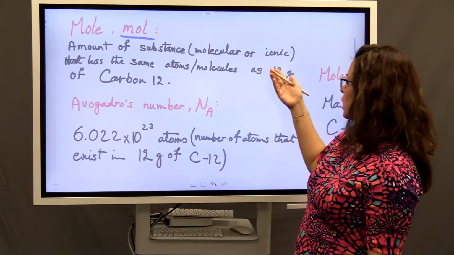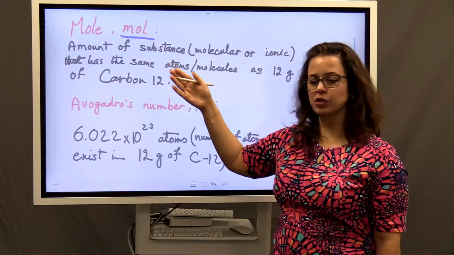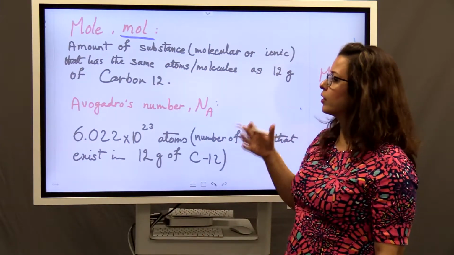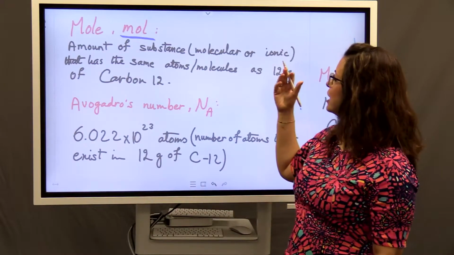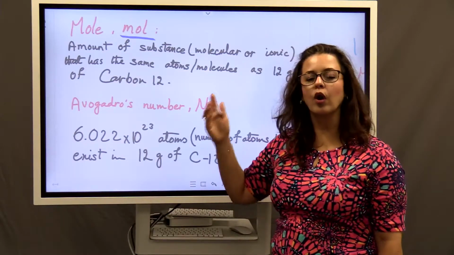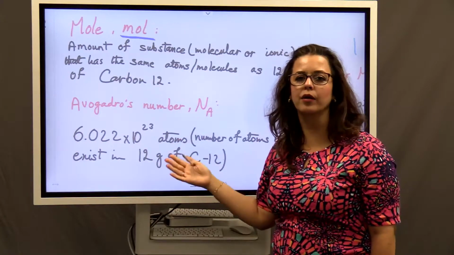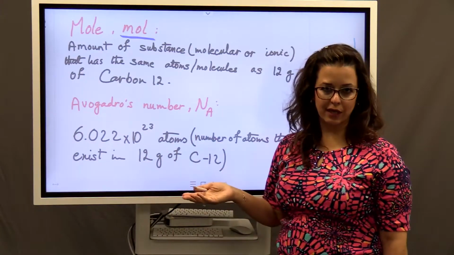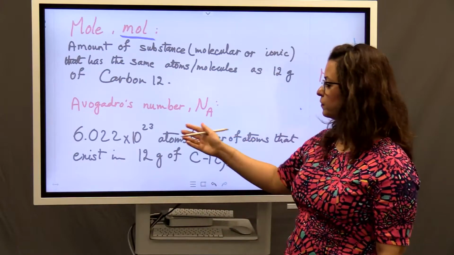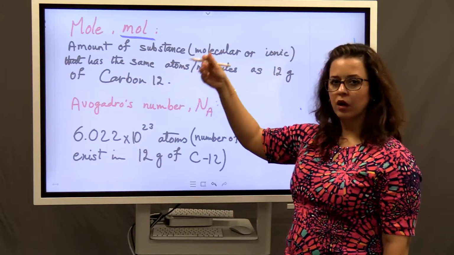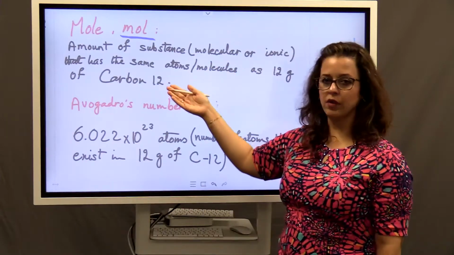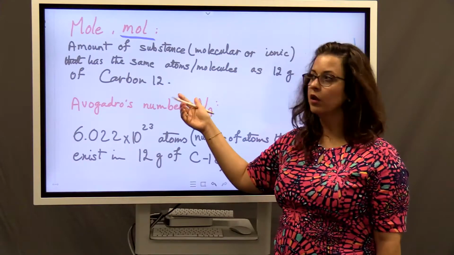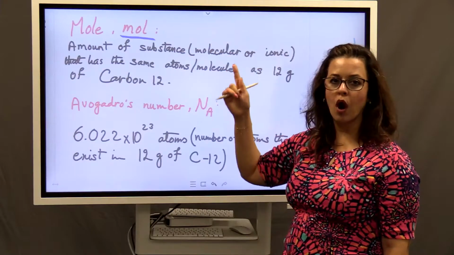So in 12 grams of carbon 12, whatever atoms we have, we will have the same number of atoms in 1 mole of every other atom or molecule that you can say. Okay? So the same number of atoms in 12 grams of carbon 12 is called 1 mole.